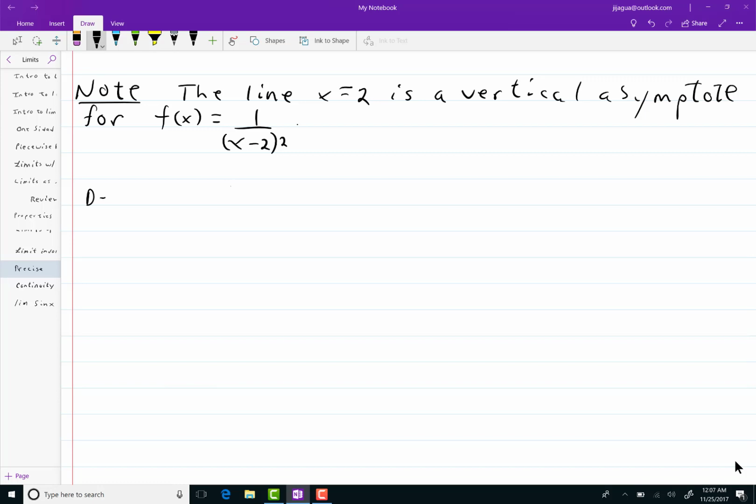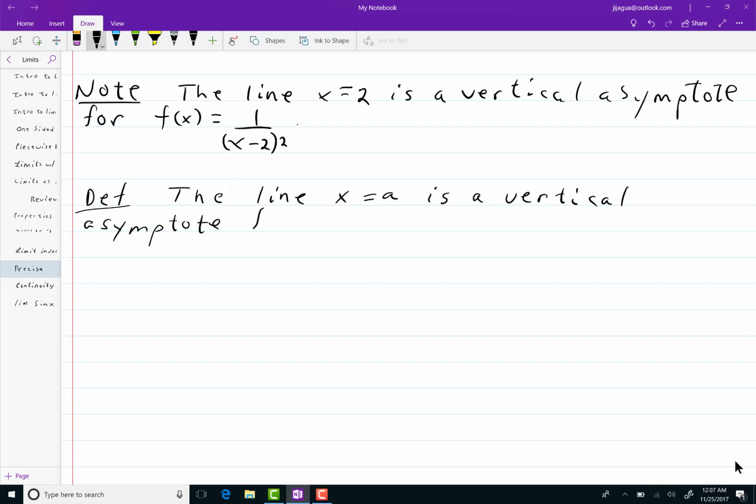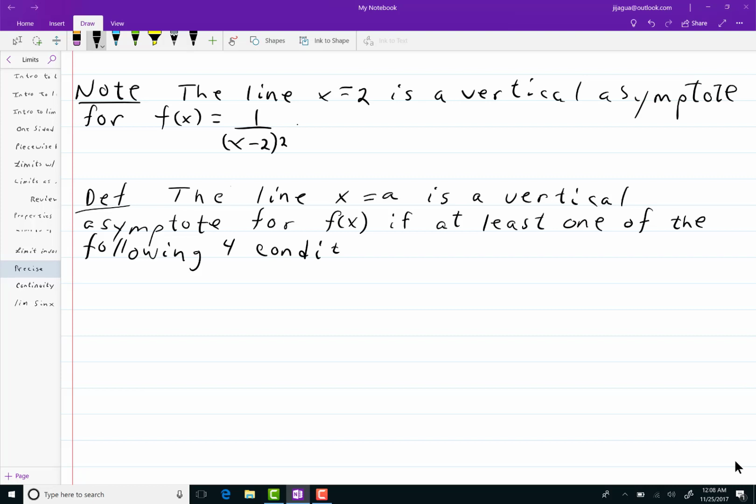D, E, F. The line x equals a, and note that that's a vertical line, is a vertical asymptote for f of x if at least one of the following four conditions hold.